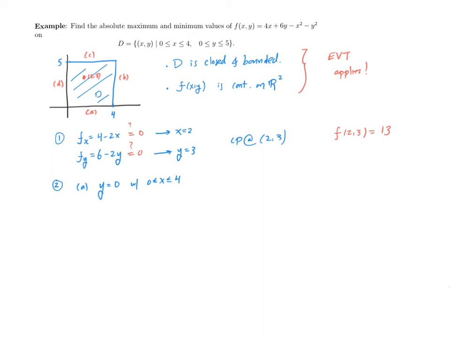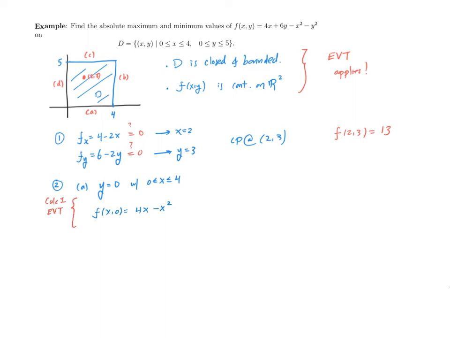And what we need to know is when we substitute this information into our function f, what can we say about maximum and minimum values? So we replace each y with a 0, and we end up with 4x minus x squared. And we need to know as x varies from 0 to 4, how big and how small will the function be? And note, as that is a continuous function on a closed interval, this has reduced down to the calculus 1 version of the extreme value theorem.